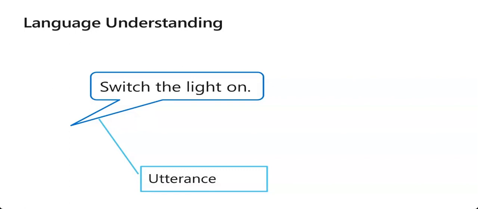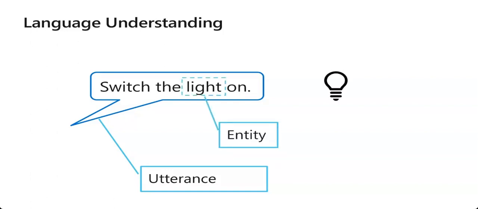That is an utterance. And an entity is a specific item that is referenced in an utterance. Let's talk about, like, we're doing home automation here. We're trying to make everything automatic, and we can just say switch the light on, and then the light switches on. An entity in this example would be a light, or a fan, or music.